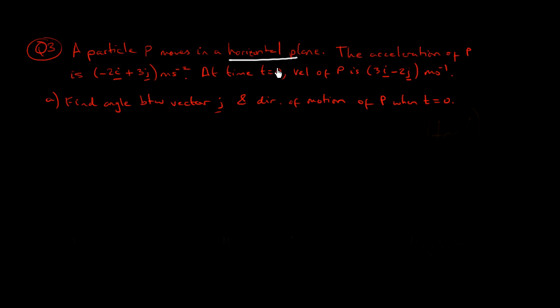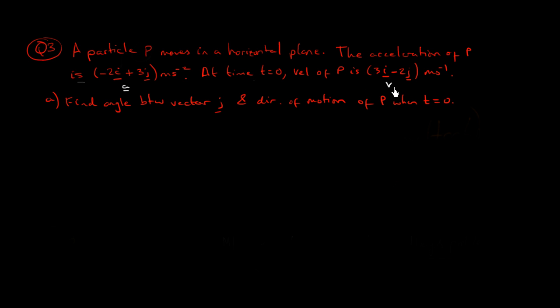Then they say that the acceleration of the particle P is this vector, given in meters per second squared. Obviously that's the unit of acceleration, and that's the vector for a. And at time t equals 0, they say that the velocity of the particle v is this much.